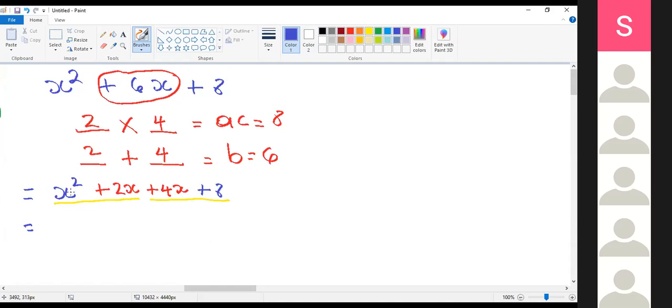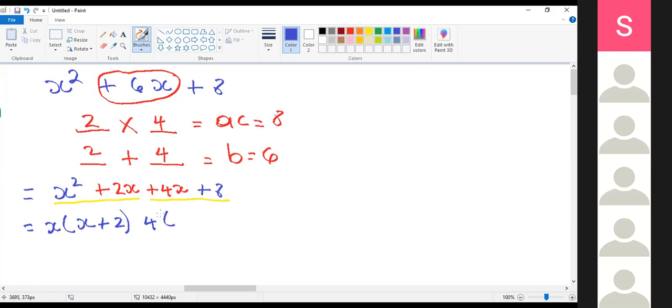So what factor is there between x squared and 2x? X. So x into x squared is x, and x into 2x is positive 2. Then the next pair, what's the factor? 4. Positive 4, good.